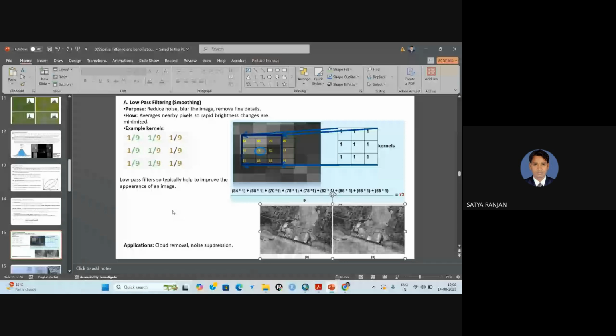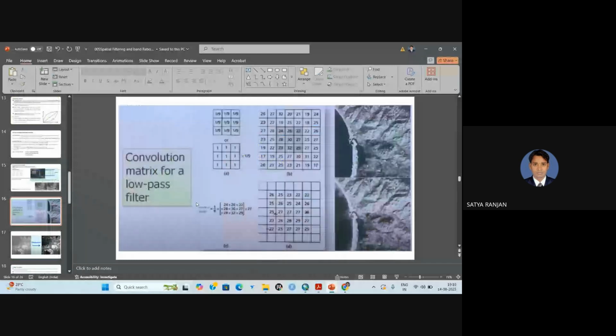So the surrounding dark pixels are taken, the average of the dark pixels is calculated, and then this is applied to the error pixels. That's why spatial filtering is applied.